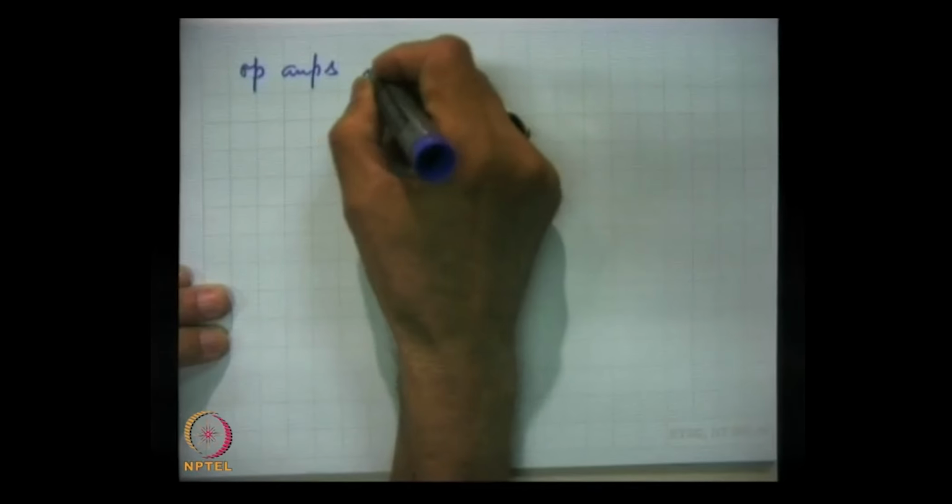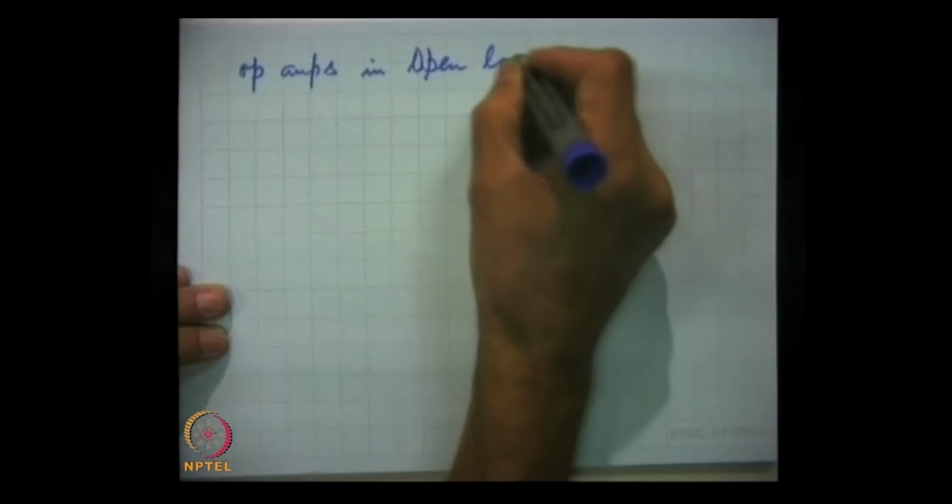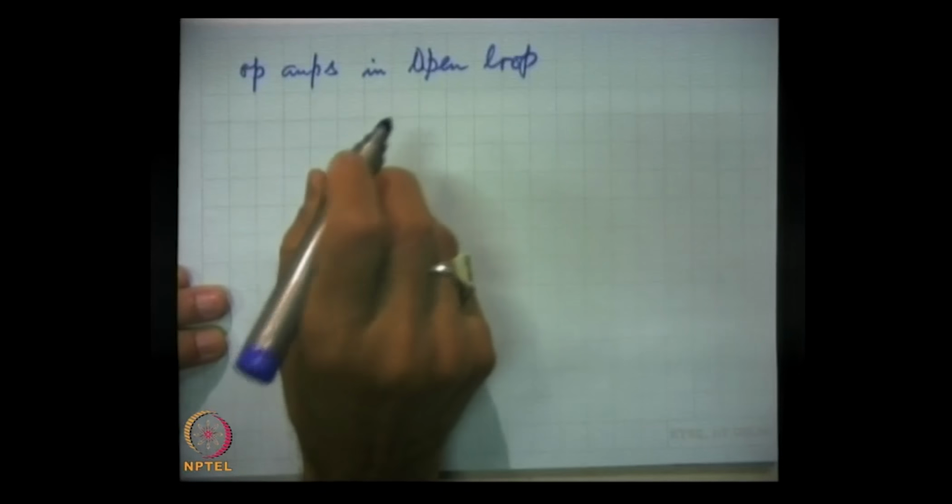Now, briefly I talk about op amps in open loop, which is a rare use for op amps, and why it is rare will also become clear to you. So, op amps in open loop, that means without feedback.